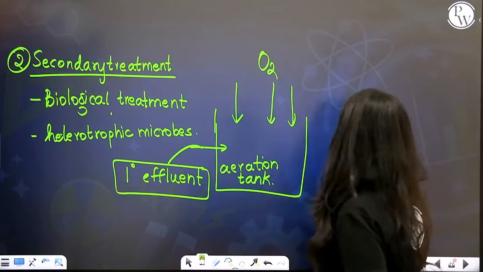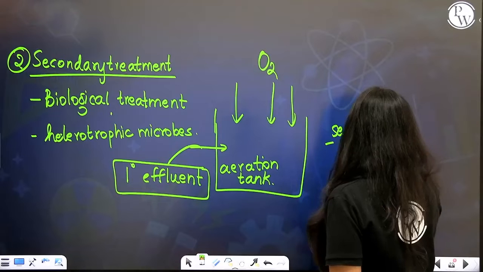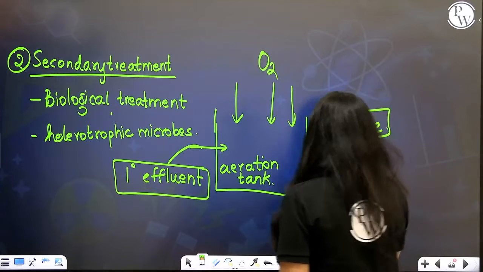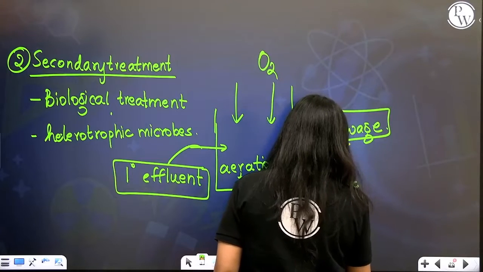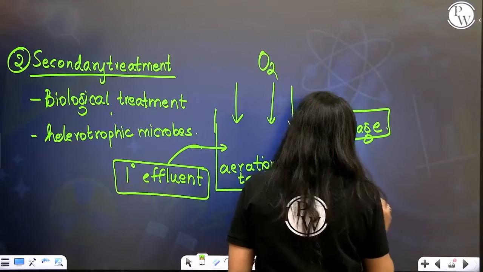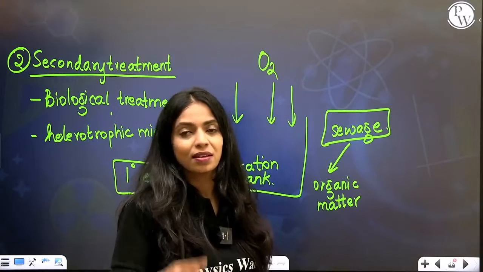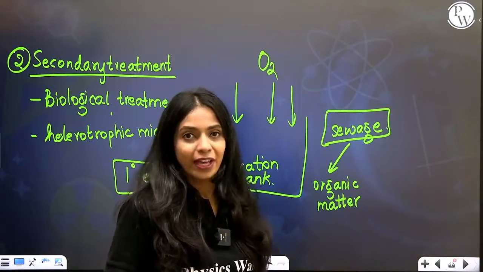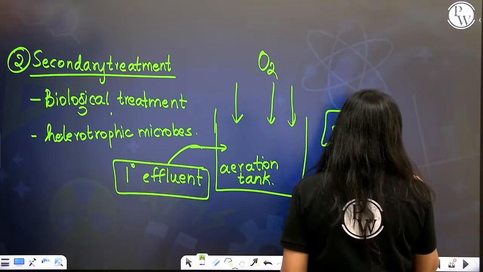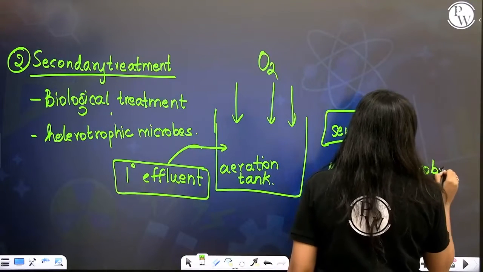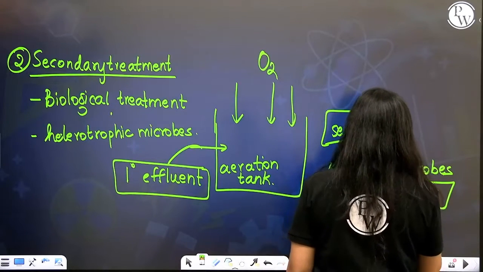Why is this required? Remember, the sewage will contain a lot of organic matter. Organic matter that is present in excreta, in vegetable waste, all of this will contain a lot of organic matter. Along with that, sewage will also contain heterotrophic microbes such as bacteria and fungi.